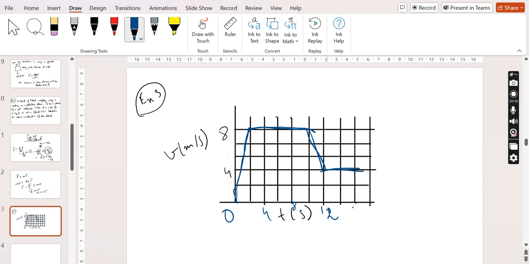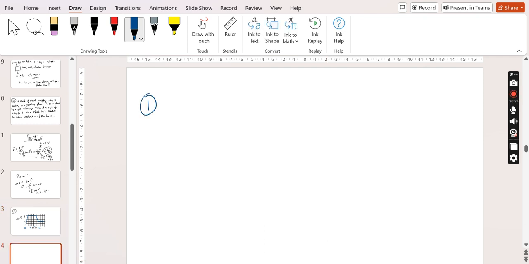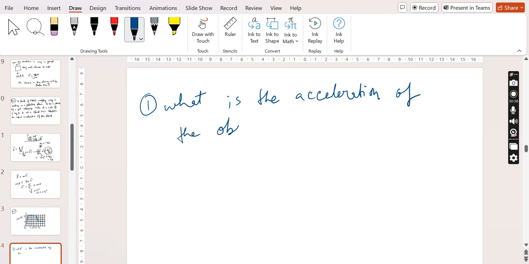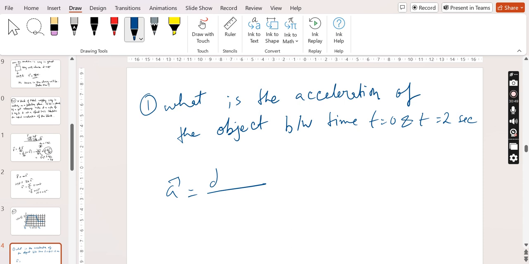So now the question is to find the acceleration of the object between time t equal to 0 and t equal to 2 seconds. So acceleration is equal to dv by dt.